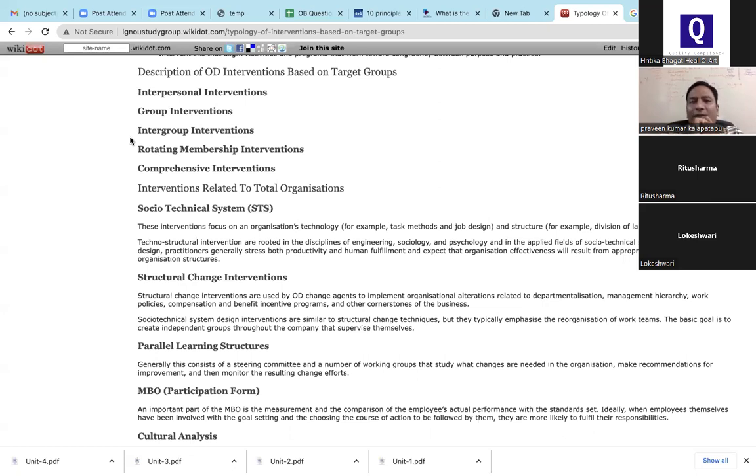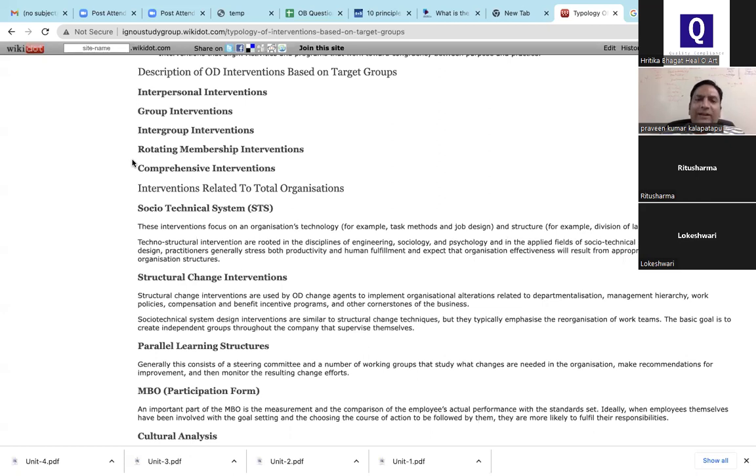They are not normal groups. They don't gel well because they do competitive things, and if you want to make them gel together, or decrease the negative effects of those things, you do rotating membership interventions. Comprehensive interventions could be organization wide interventions. So based on the target group, these are the 5 intervention classifications.